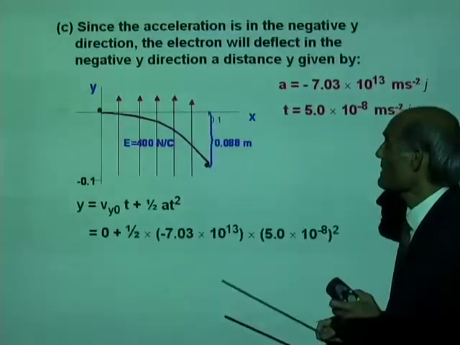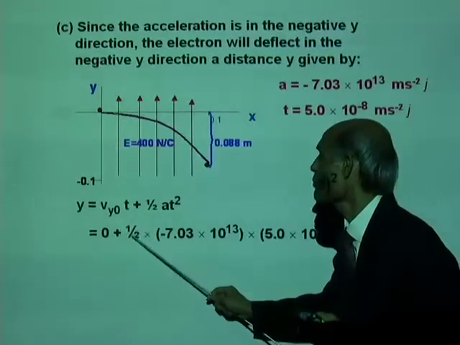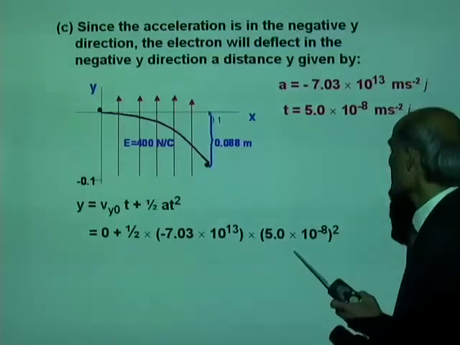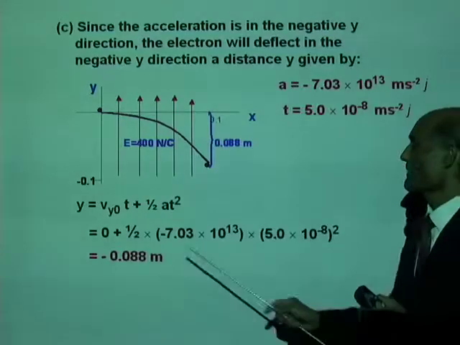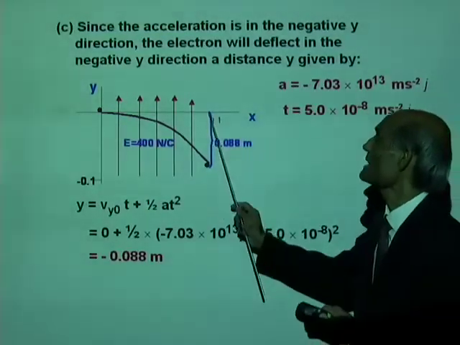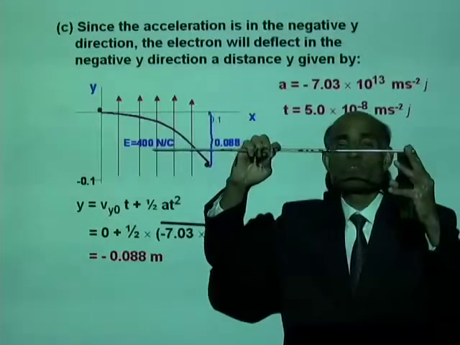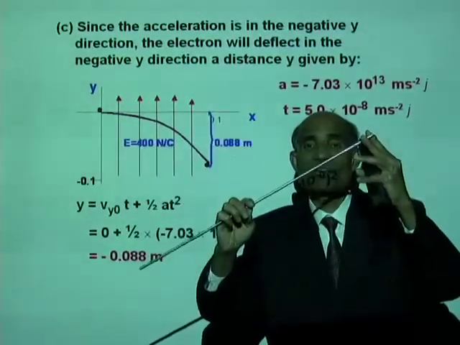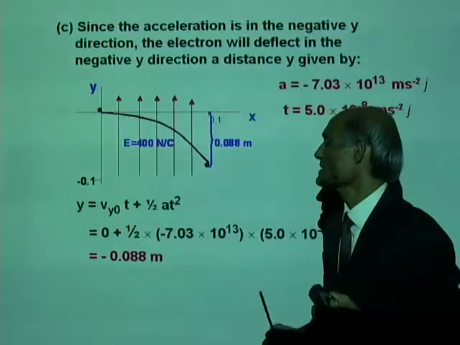So let's put that in there, and that gives me 1/2 a times t squared. That is negative 0.088 meter.